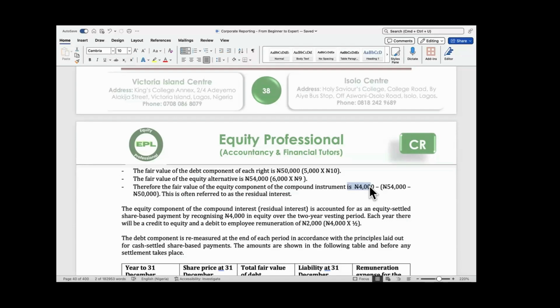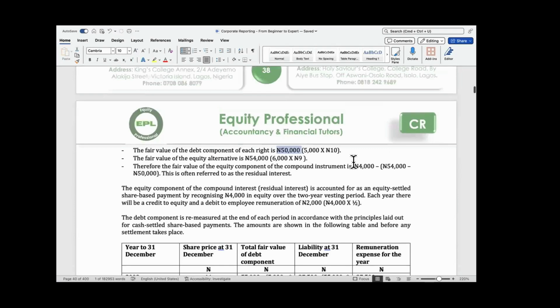This one is already complex enough for them to now add that. So for the equity settled, they will just spread it equally: in year 1, 2,000, in year 2, 2,000, like that. But for the liability, cash settled, the value changes at the end of each year, right?